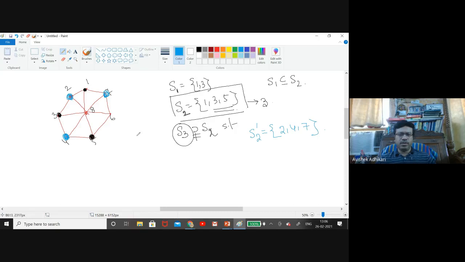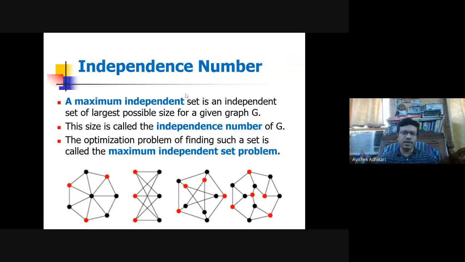You cannot take 8 anywhere because there will be an edge from there to some other vertex. So you can see that 3 is the maximum cardinality of all the independent sets. Consider all the independent sets and the cardinality of each of them, take the maximum, and that would be the independence number. Now it's clear.